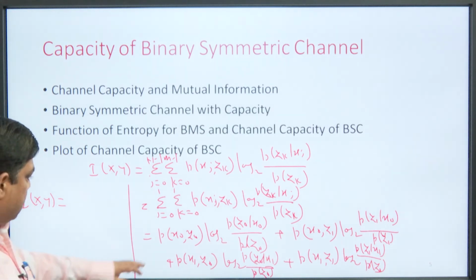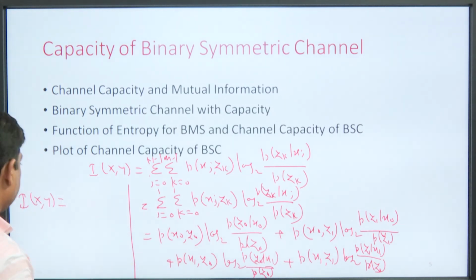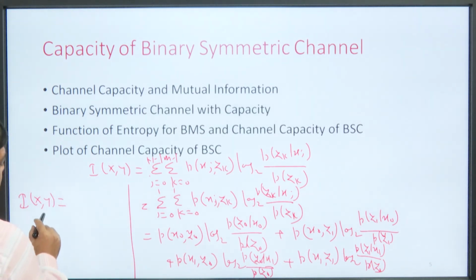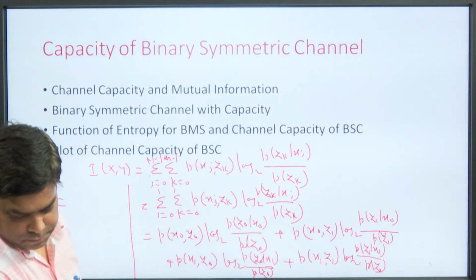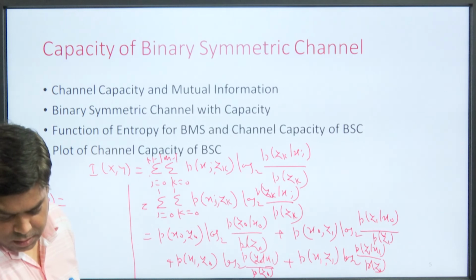I(X;Y) is equivalent to P(x0,y0), and we have already calculated this one, to get the channel capacity.